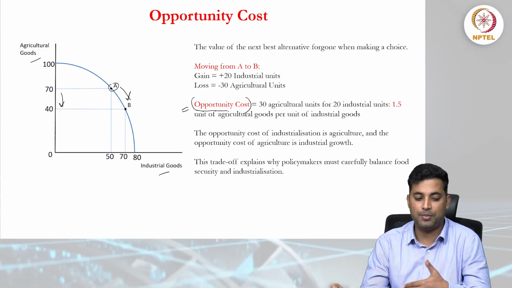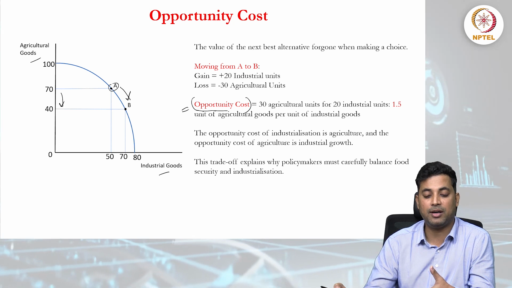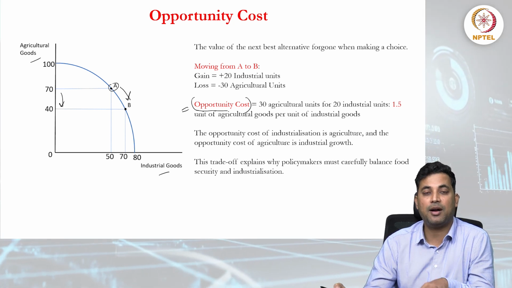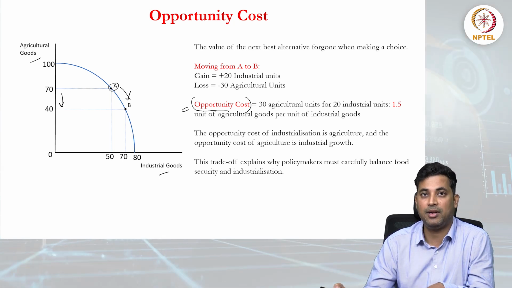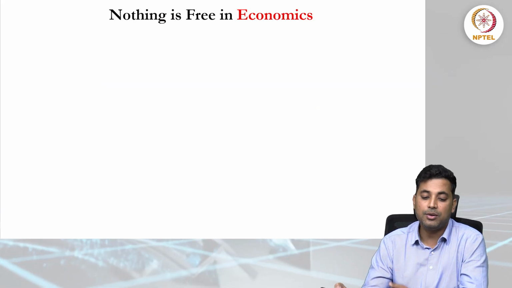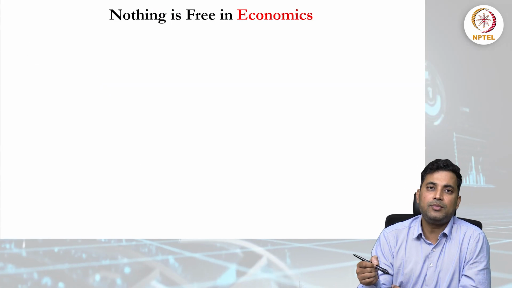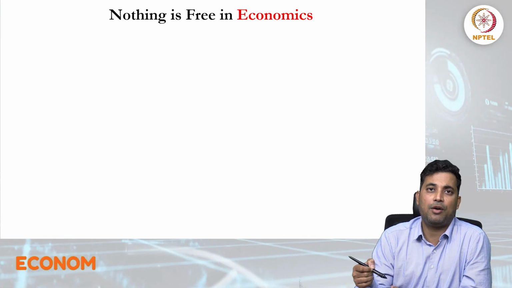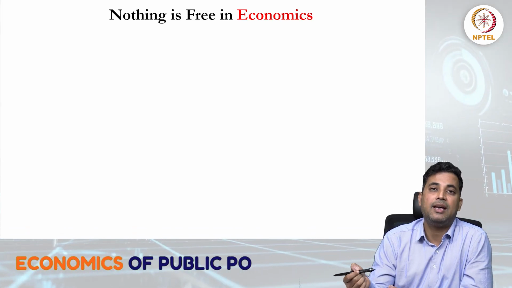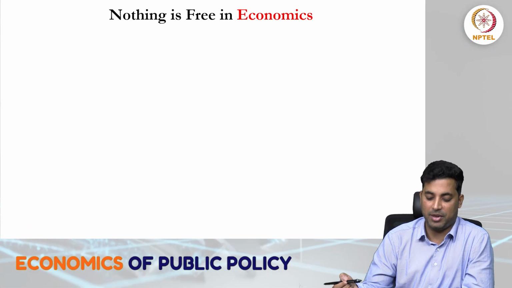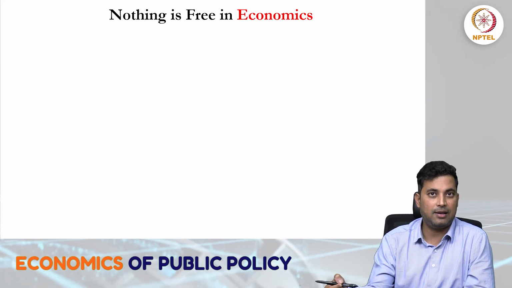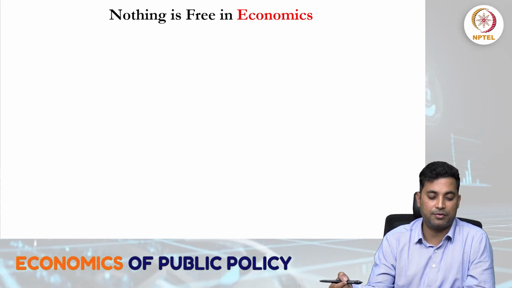So this is how the production possibility frontier and opportunity cost are very important even in public policy discourse. So now the point, I think, is very clear from the understanding of cost and benefit in economics: nothing is free in economics. So let's come back to a couple of examples.